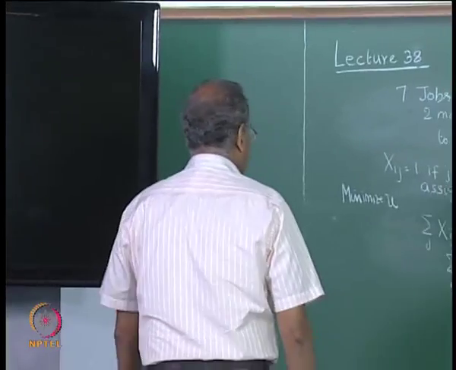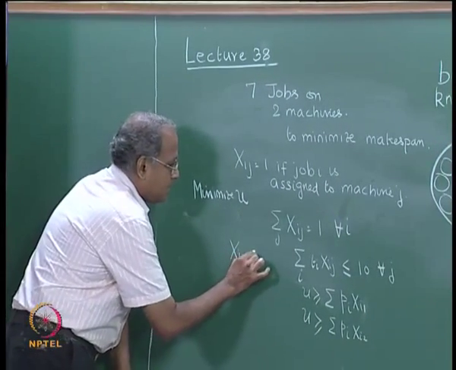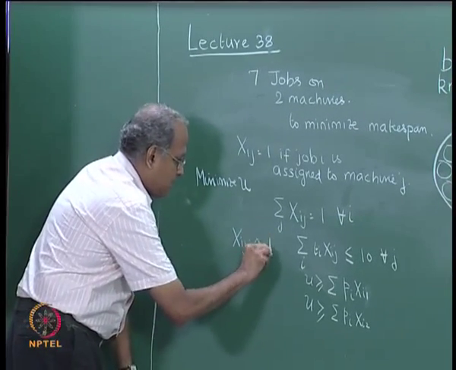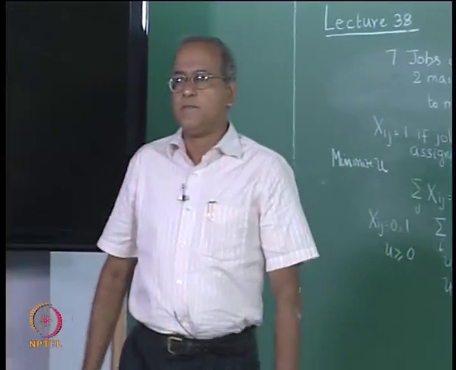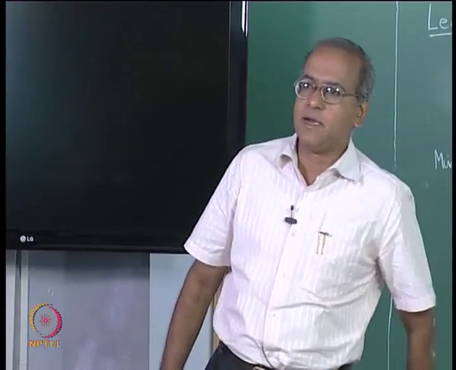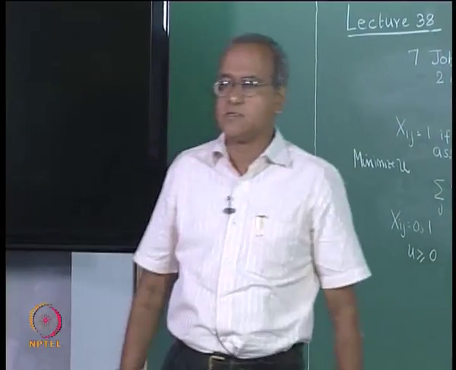This is also a binary problem where Xij equals 0 or 1, but there is an additional U greater than or equal to 0. So it has 14 binary variables, and one U which is either a continuous variable or an integer variable, because processing times are all integers.